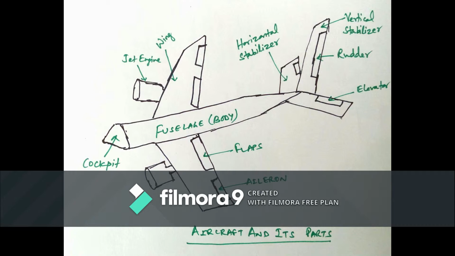The wings are the surfaces that make the aircraft fly, because over these wing surfaces we get the lift force that makes the aircraft move up.